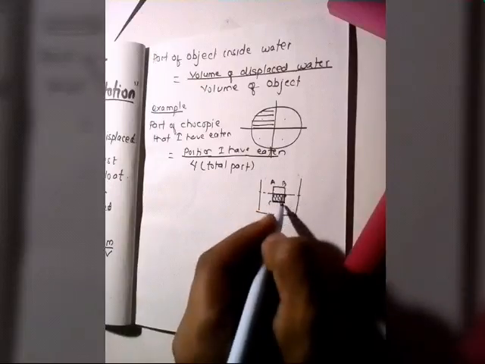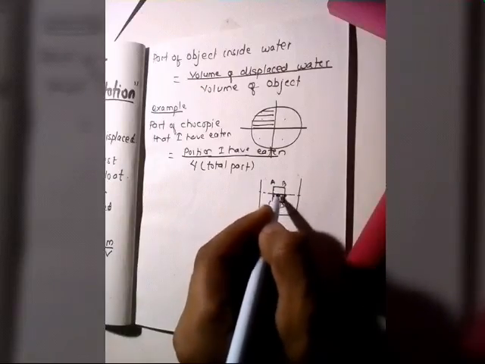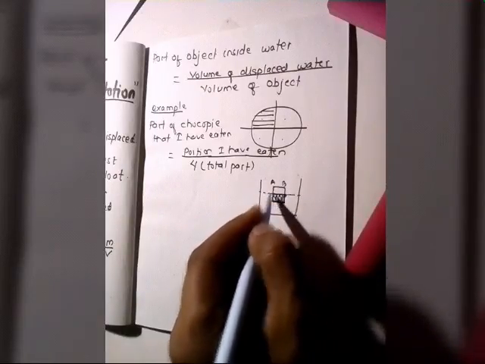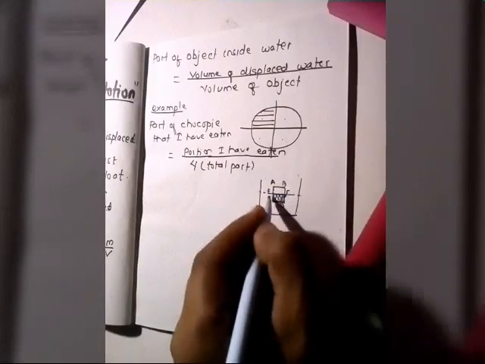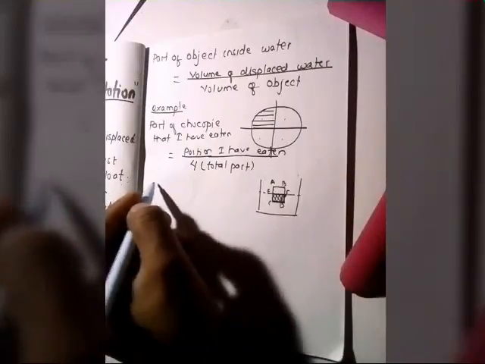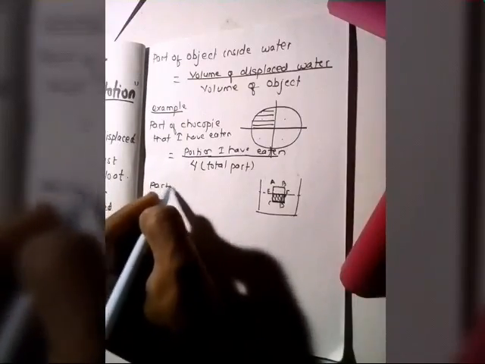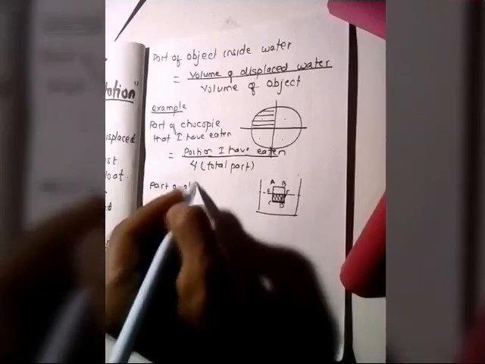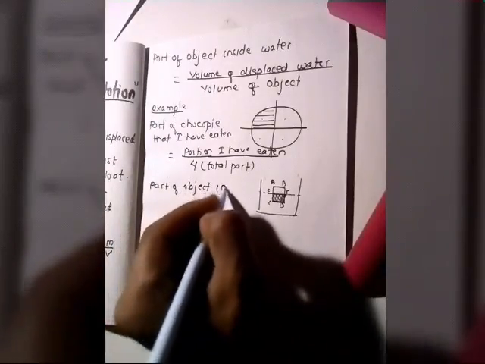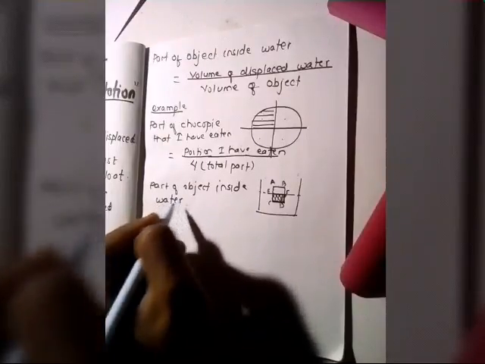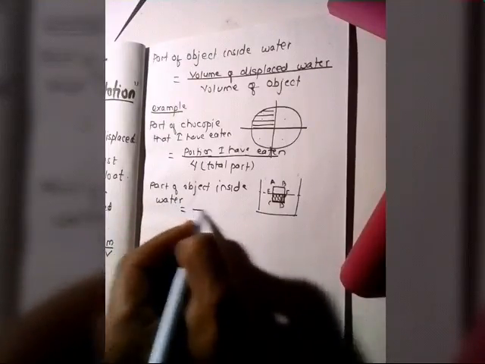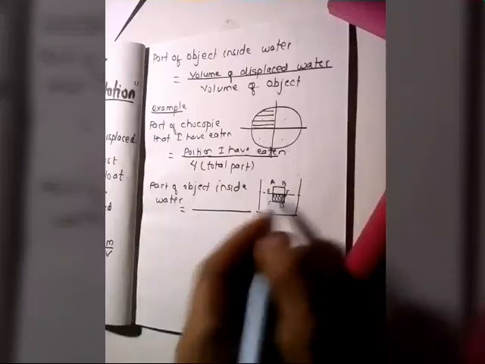That means this part divided by, let's give the names A B C D, and I'll write here E and F. So this part, the part of the object inside water, will be equal to, so what part is inside?